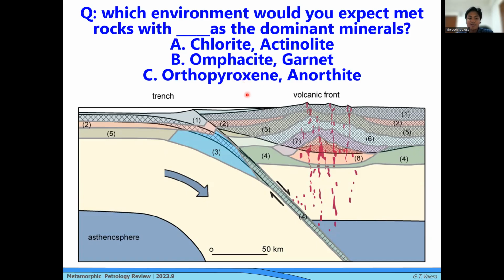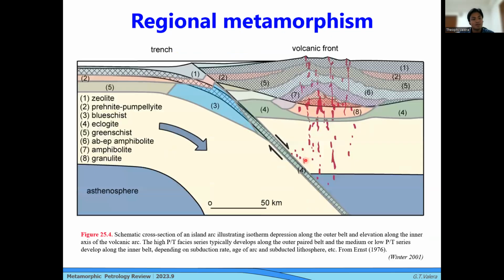Hindi pwedeng too high kasi pag too high yung pressure, magiging eclogite siya. Pero the temperature must be high. So temperature must be high, so you can think of maybe number 8. So, yeah. Okay, so yan yung mga zones. Tingnan natin. So 4 is eclogite, tama yung example B. Yung 5 is yung greenschist, yeah. And then yung 8 yung granulite. Yeah.